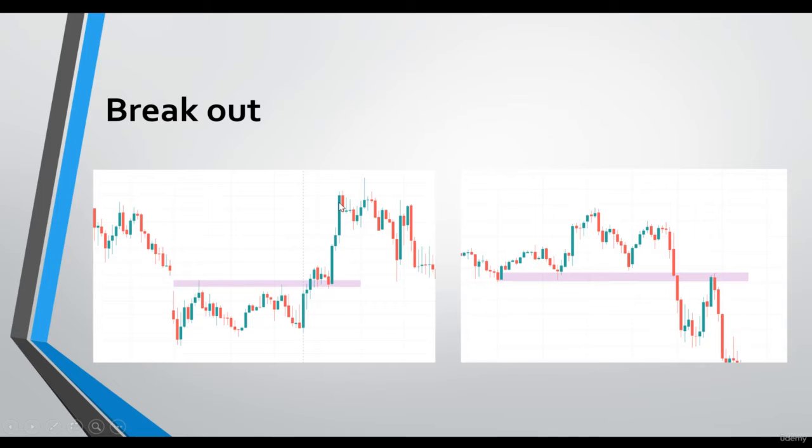Now you can take a look at the other photo on the right. Again, you can see we have a kind of static support. This is different from the picture on the left. This is support because whenever it came to this zone, there were some buyers who changed the trend of the market to a bullish trend.